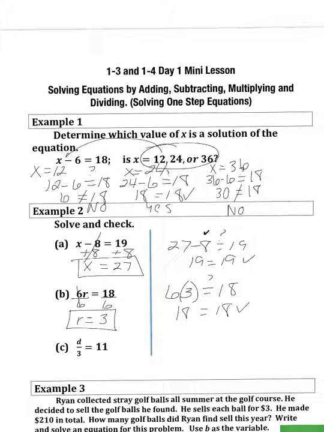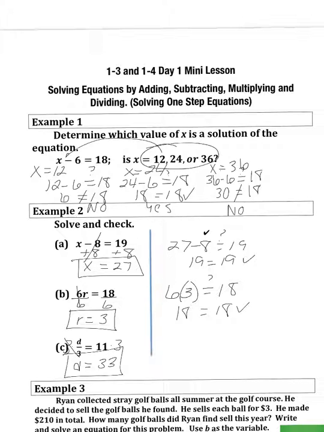And our last one in this example, d divided by 3 equals 11. So we have to ask ourselves, what is currently happening to the variable? We see that d is being divided by 3. So the inverse operation is going to be to multiply by 3. Whatever we do to one side, we must do to the other. So we will multiply by 3 on both sides. We will now end up with d is equal to 33 as our solution.